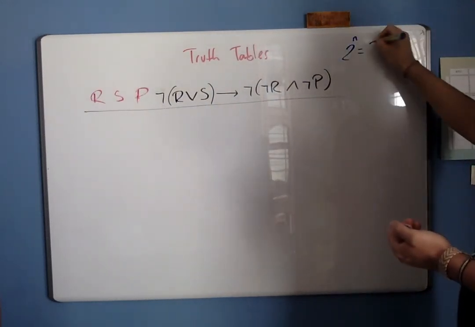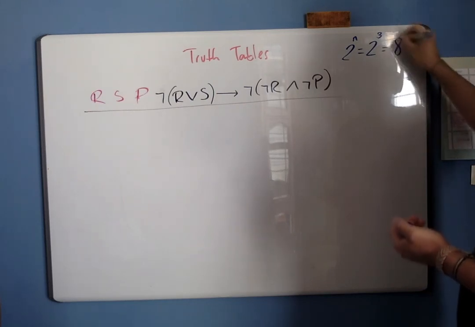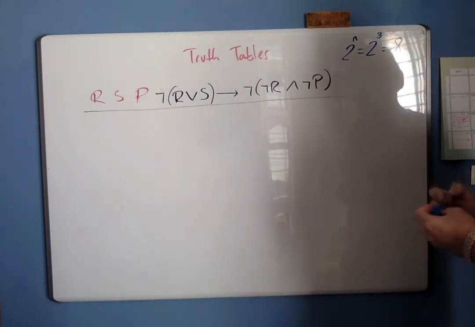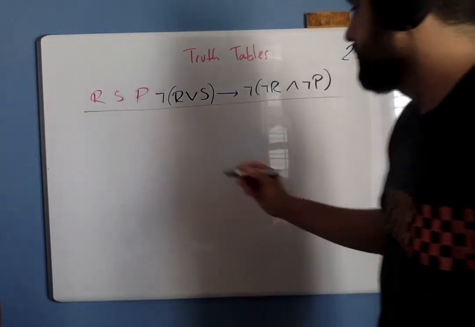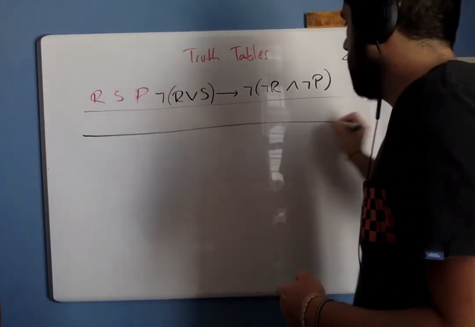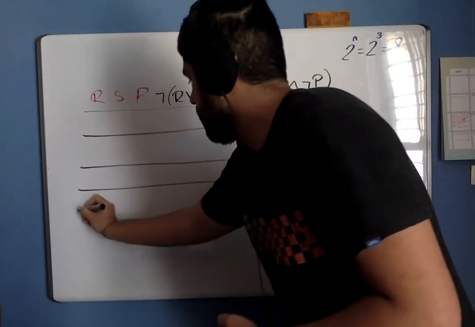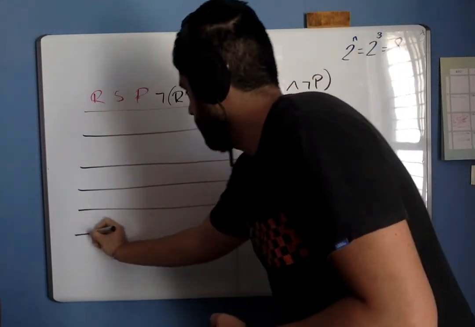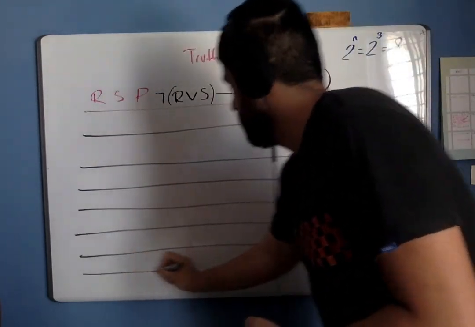This is equal to 2 to the third power, and that is 8. So we will have 8 lines: 1, 2, 3, 4, 5, 6, 7, 8.